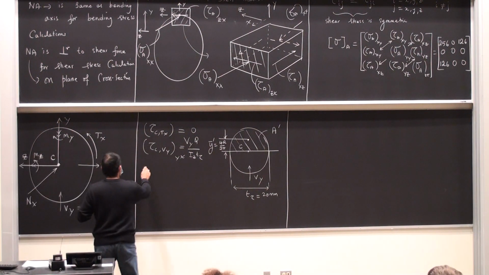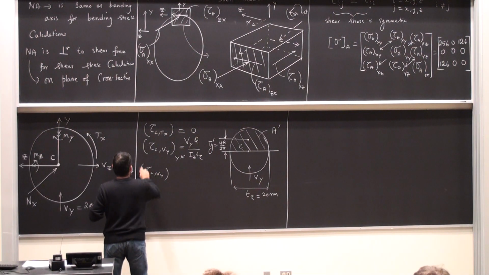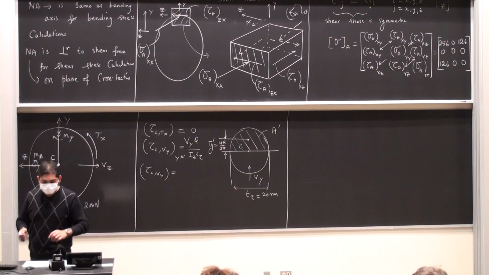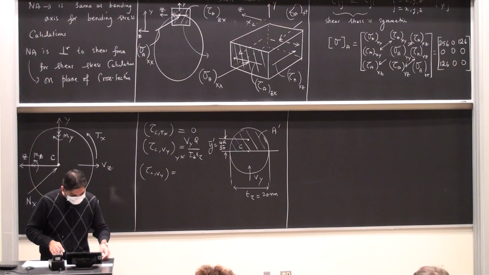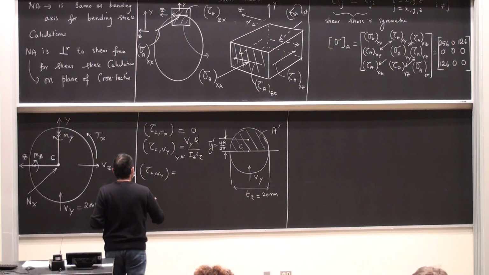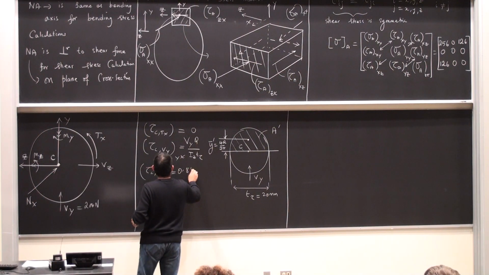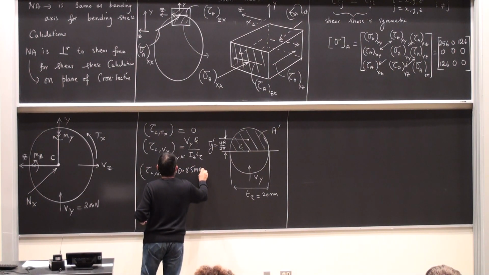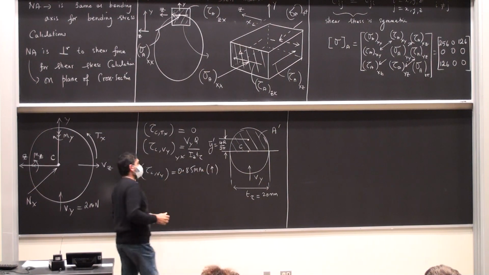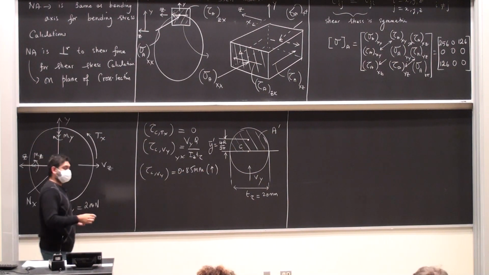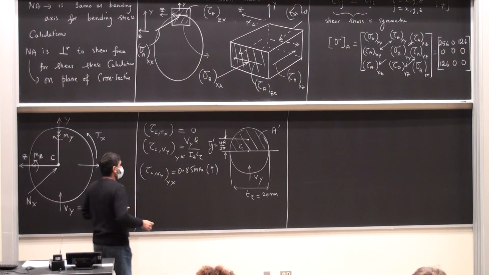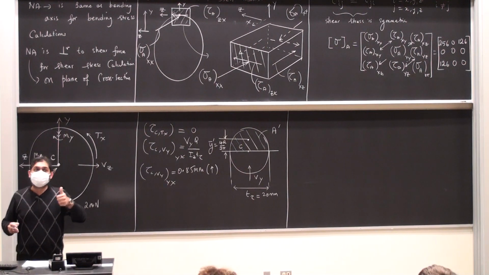So tau c due to Vy is going to be the following: 0.85 megapascals, pointing vertically up, subscript yx. It's pointing vertically up because the shear force is pointing vertically up.